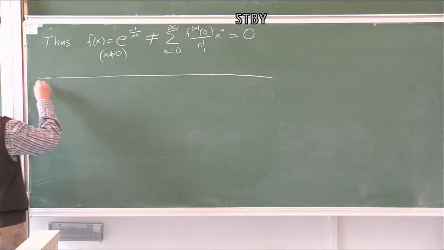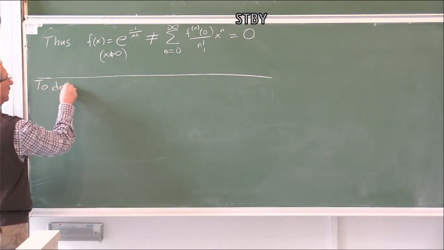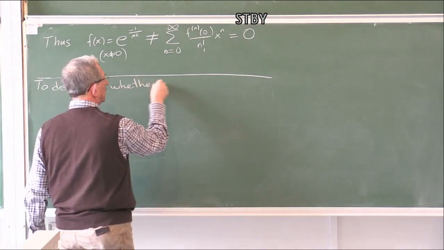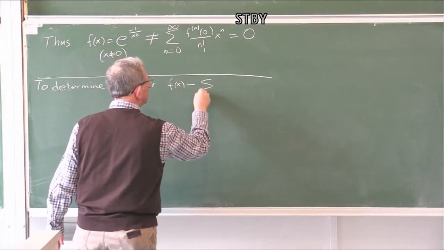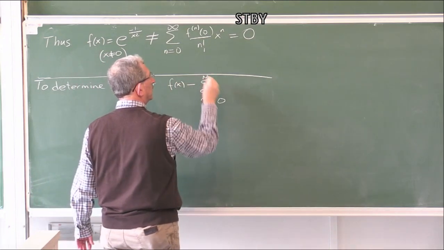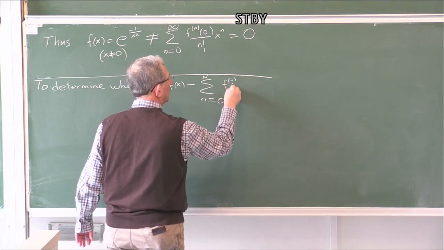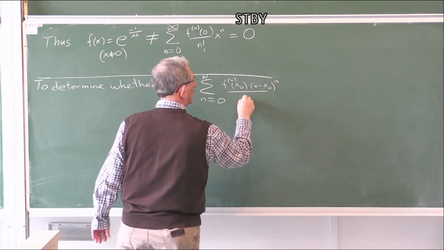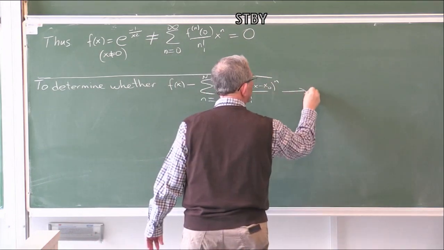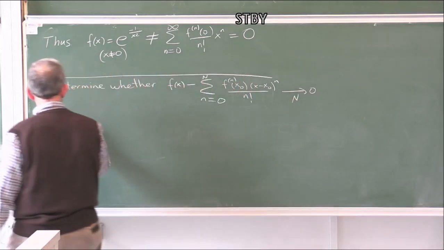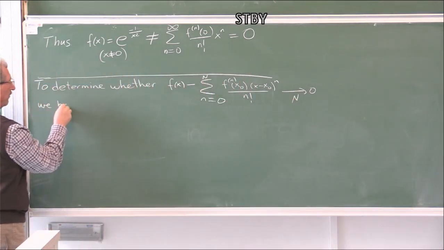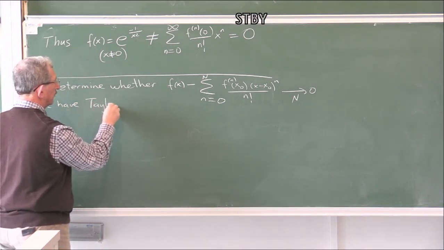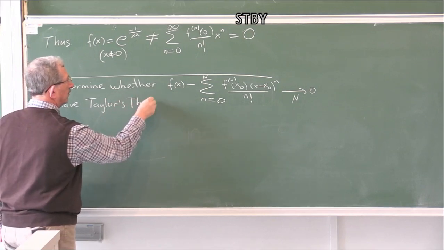To determine whether f of x minus the partial sum sequence goes to 0 with n, we have at our disposal so-called Taylor's theorem.